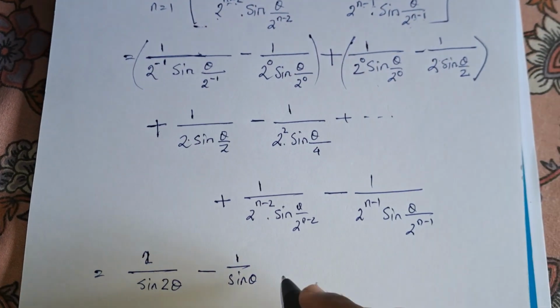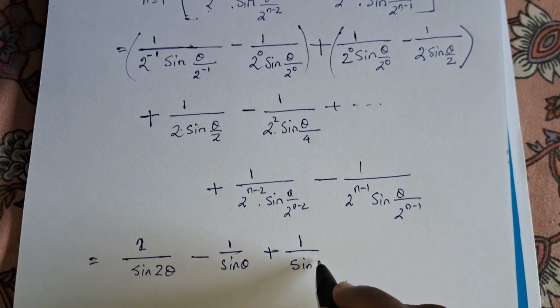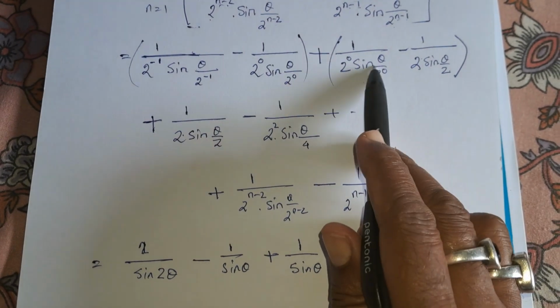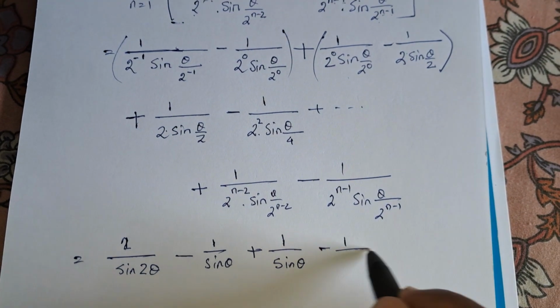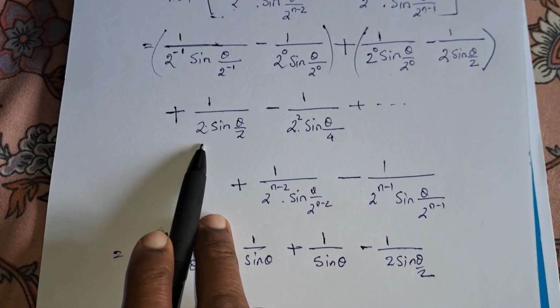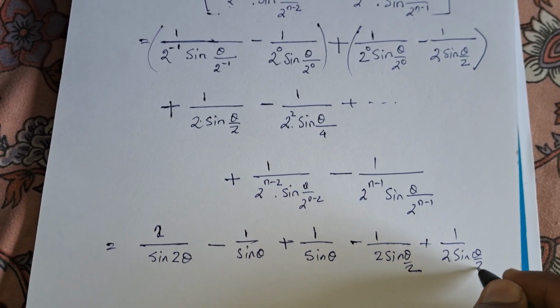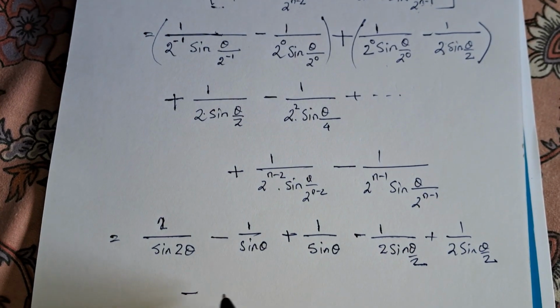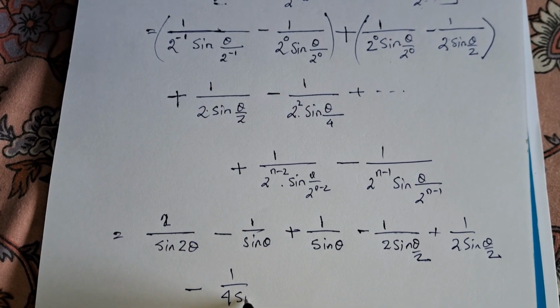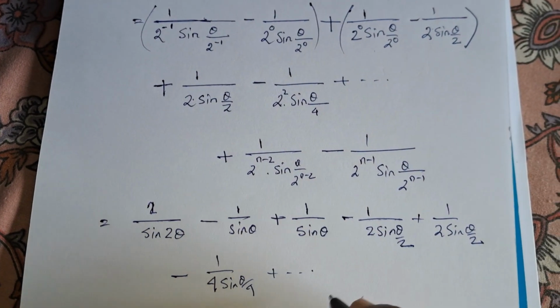Now see for this one, plus 1 by sine theta, this one minus 1 by 2 sine theta by 2, and this one is plus 1 by 2 sine theta by 2 minus 1/4 sine theta by 4. This way it will continue.